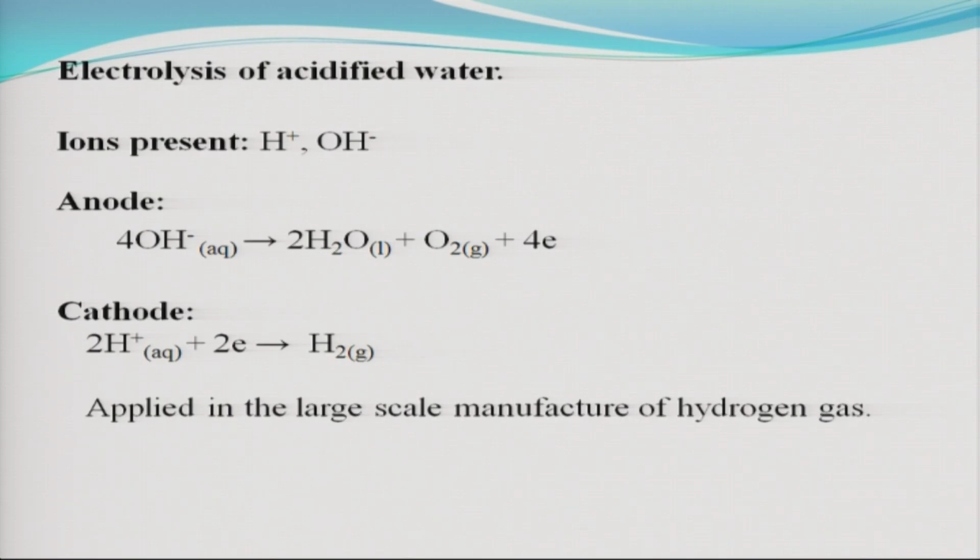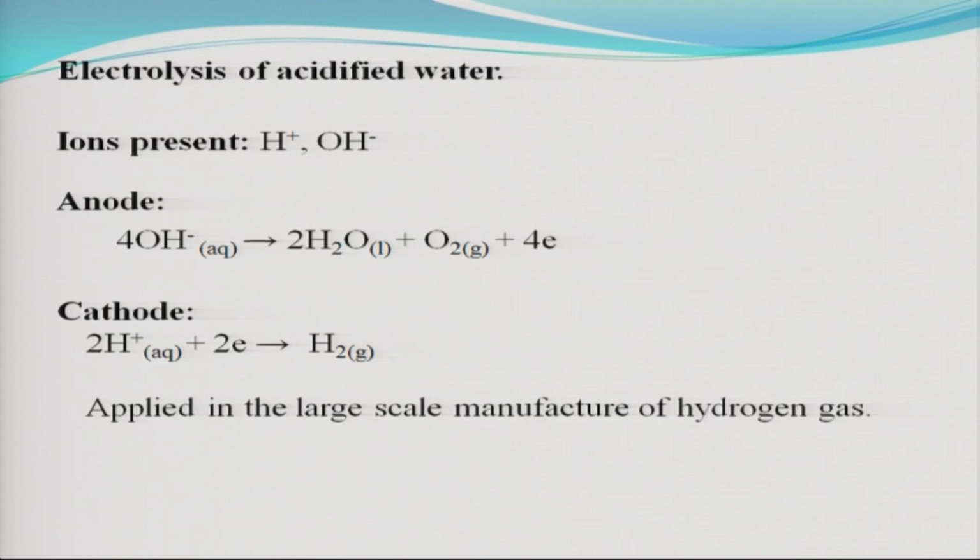Meaning at the anode we shall have an observation, production of oxygen gas. And at the cathode we shall have production of hydrogen gas, a gas that burns with a pop sound.